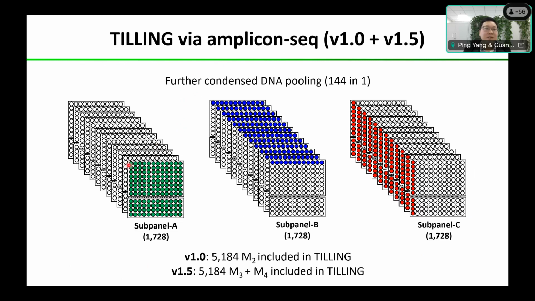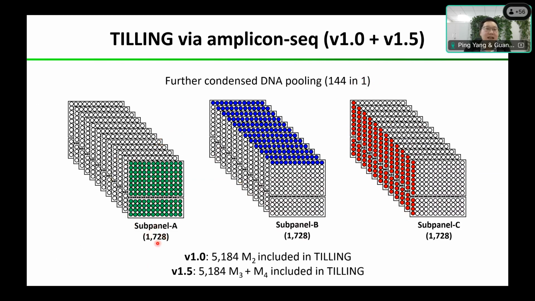We use a 3-dimensional pooling strategy, as you can see here. We pooled 144 samples in one super pool. So this is one dimension, another dimension, and this is the third dimension. We generated 3 sub-panels.